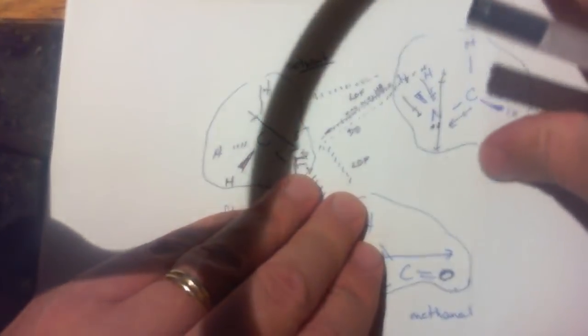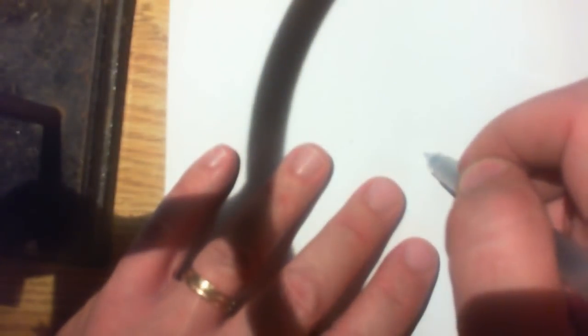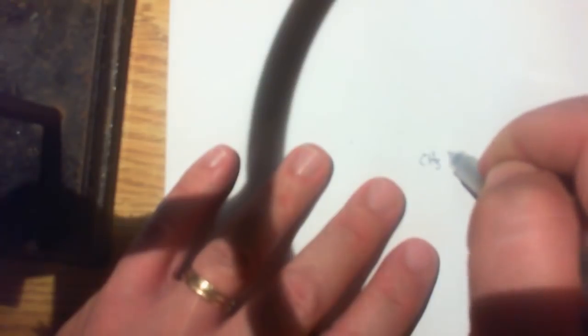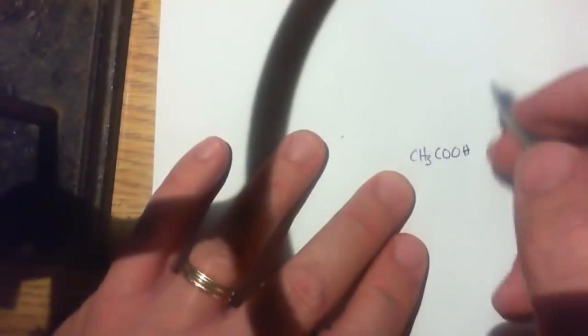Now, as to your question as to how do you know the Lewis structure for a big molecule, my camera, sorry, is not behaving. So for a big molecule, for example, if I give you CH3COOH, we know that the way that it's written tells us how it's going to go.